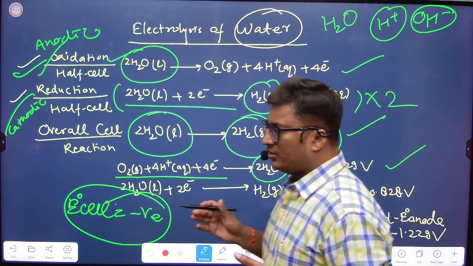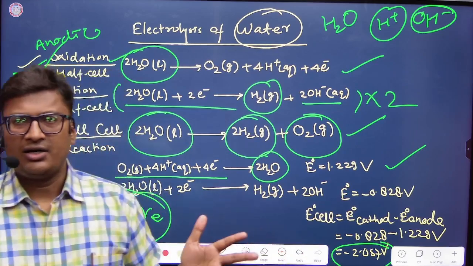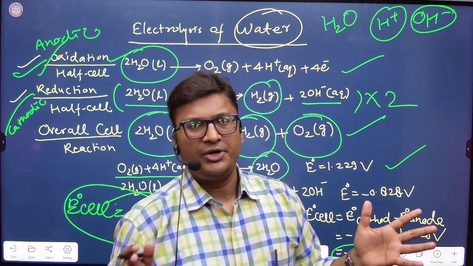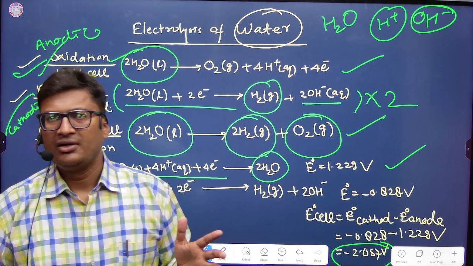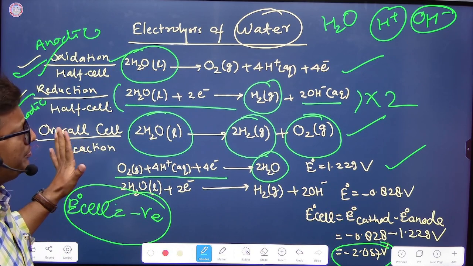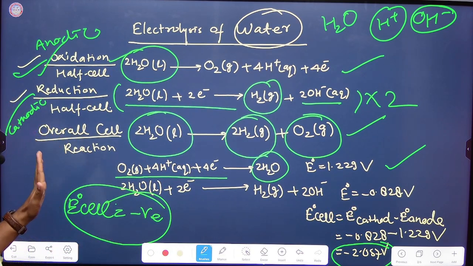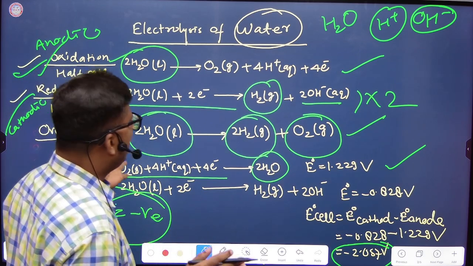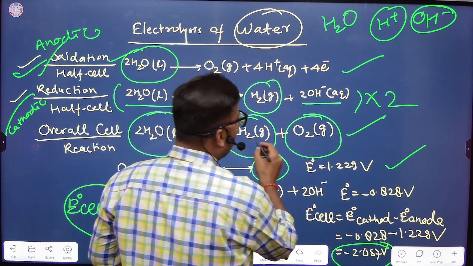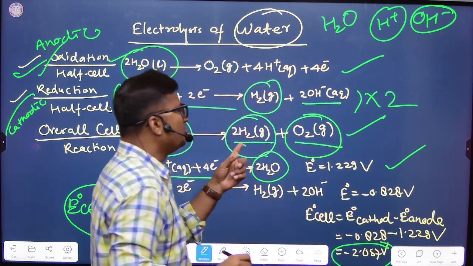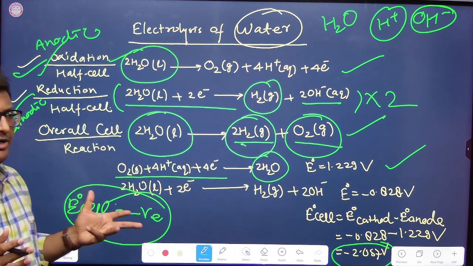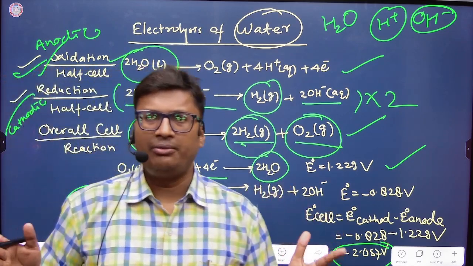It means the decomposition of water is not so easy, but it can be achieved through the use of external electricity by setting up an electrolytic cell. So once the electrolytic cell is developed with 2 electrodes, the overall reaction is 2H2O liquid giving 2H2 gas plus oxygen gas. So hydrogen and oxygen gas can be obtained through the electrolysis of water.